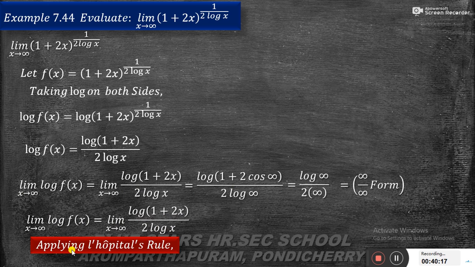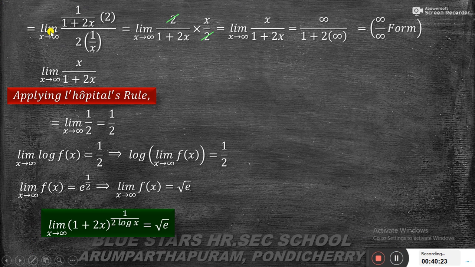Applying L'Hopital rule, I differentiate the terms. Differentiating log of 1 plus 2x gives 1 by 1 plus 2x into the derivative of 1 plus 2x, which is 2. In the denominator, 2 into the derivative of log x, which is 1 by x.